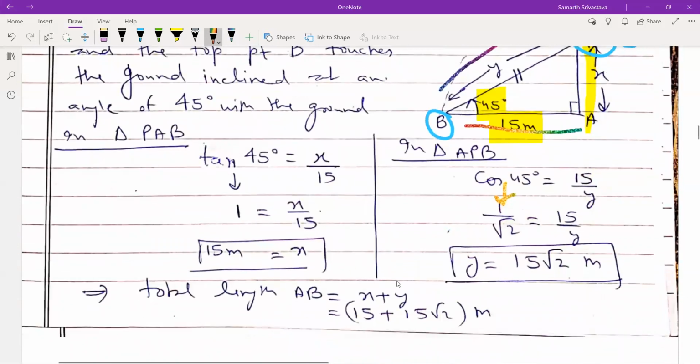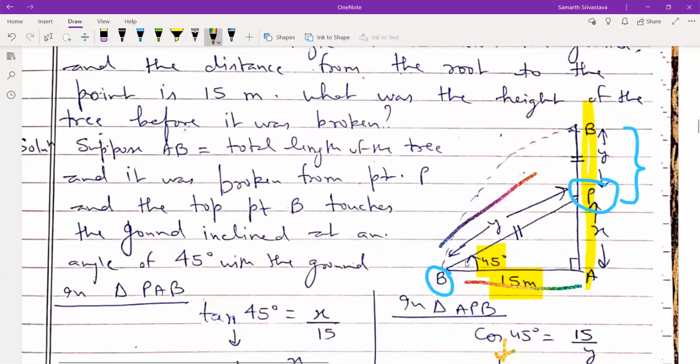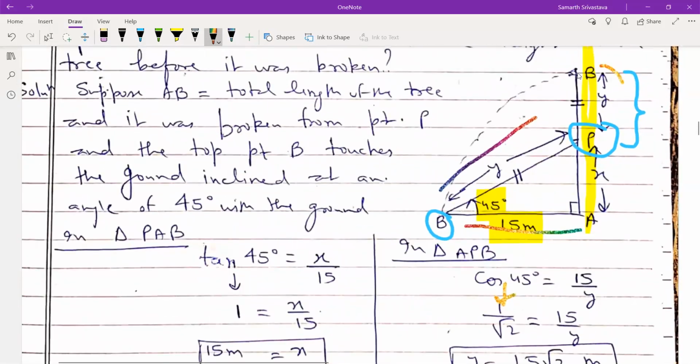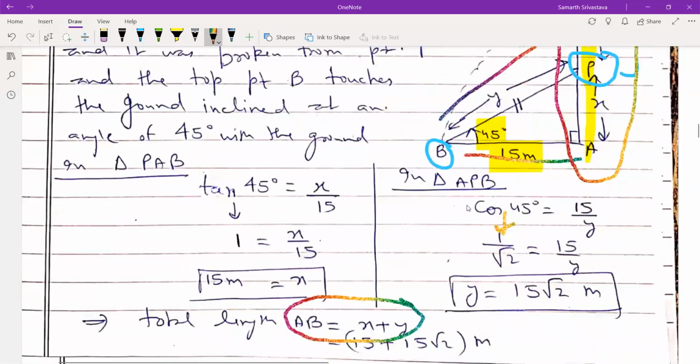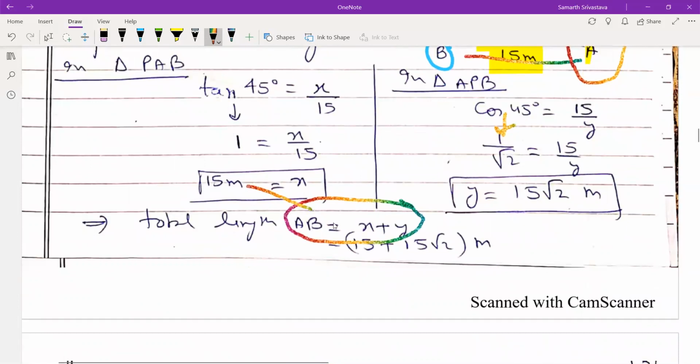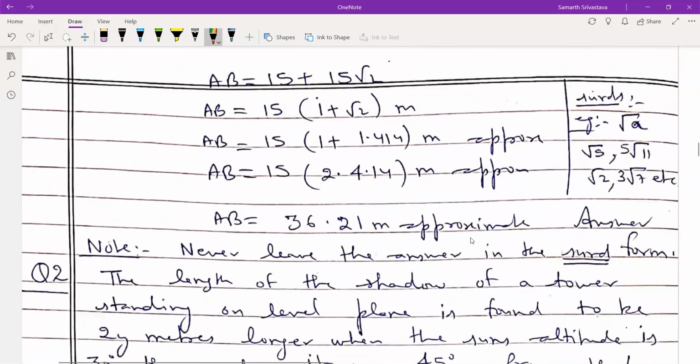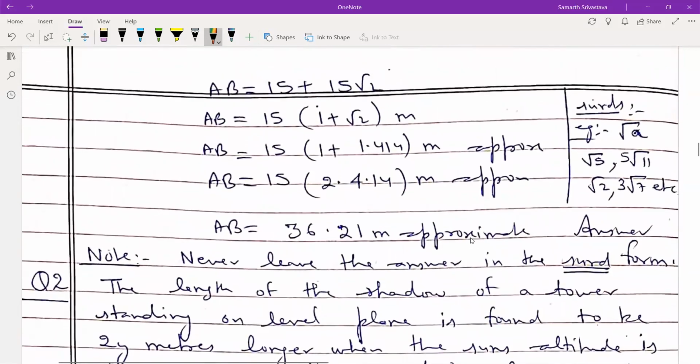So what is the total length of AB? x plus y, as I have shown in the diagram also. And the value of x is 15, y is 15 root 2. So AB is equal to 15 plus 15 root 2. Now we can take 15 common, so in the bracket 1 plus root 2 will be left.